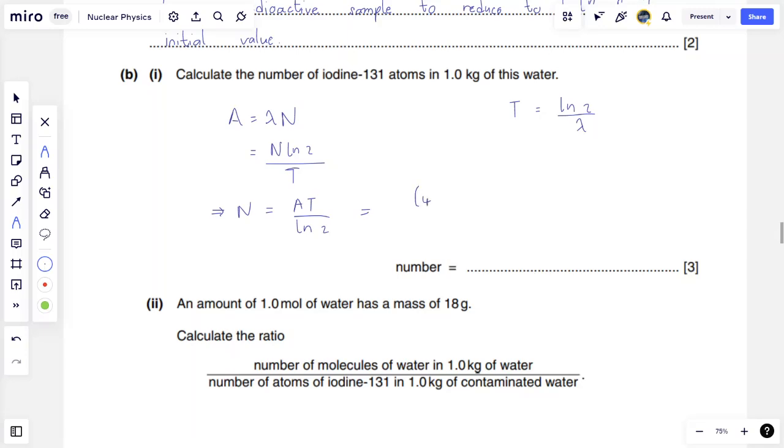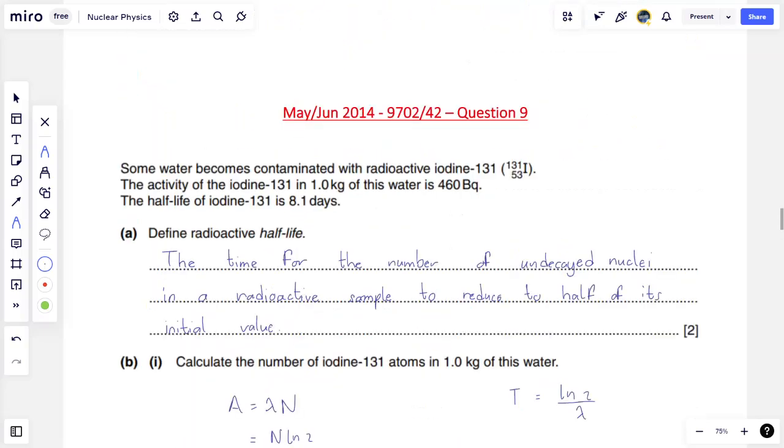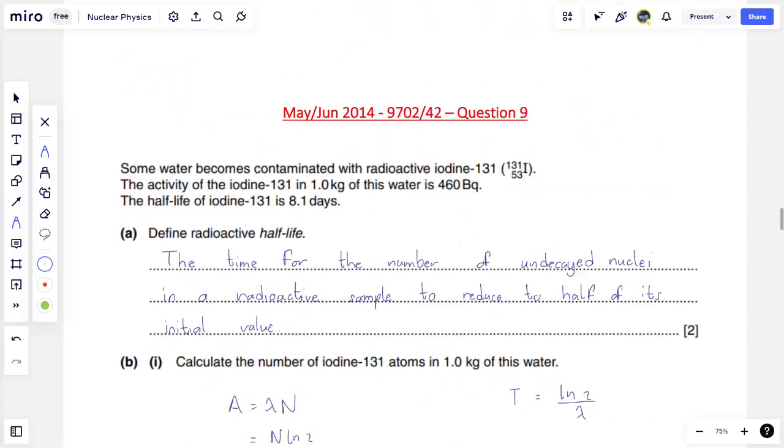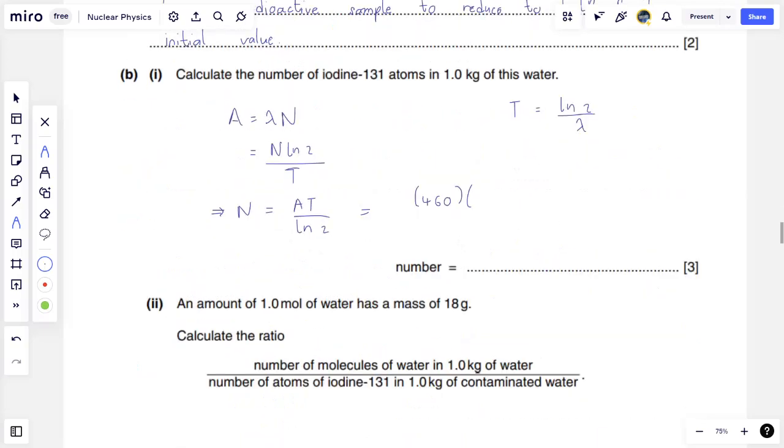So the activity is given as 460 becquerel. Becquerel is simply per second, that's an SI unit. The half-life is 8.1 days. Days and seconds are not the same. So 8.1 is not going to work as is. Now take my word for it, one day has 86,400 seconds. This is just something you know as a physics teacher. Don't ask questions, but you can calculate it for yourself.